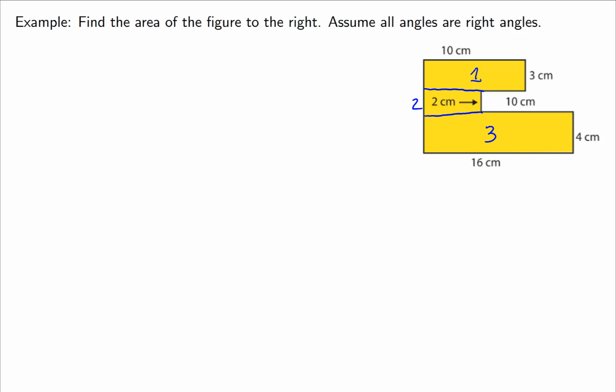For figure 1, that's a rectangle, and its area is length times width. We've got 3 centimeters by 10 centimeters to get 30 centimeters squared. Now for the second one, I am missing some information. This length right here is 2 centimeters.